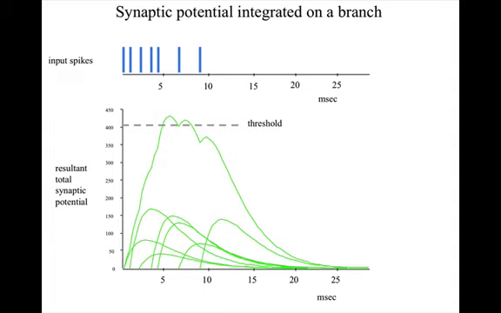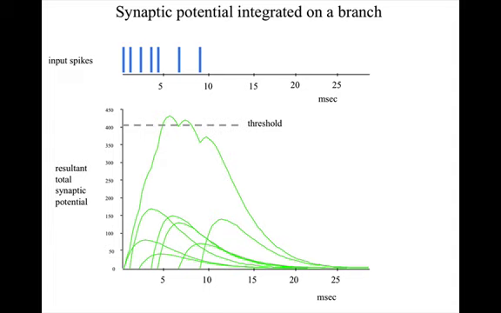But remember that each postsynaptic potential decays over a period of about 8 milliseconds. So if two action potentials arrive at nearby synapses on the same branch, but are separated in time by more than 8 milliseconds, the first potential will have decayed by the time the second begins, and they won't reinforce each other.